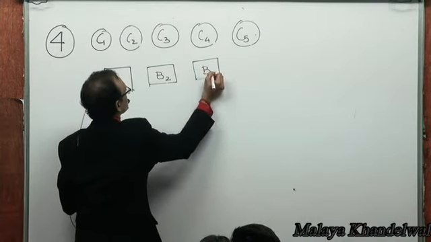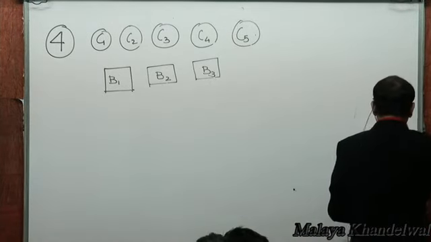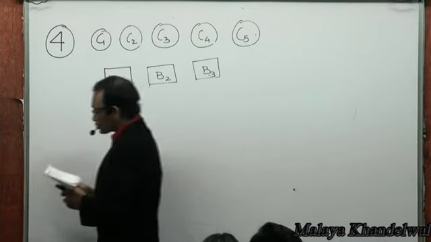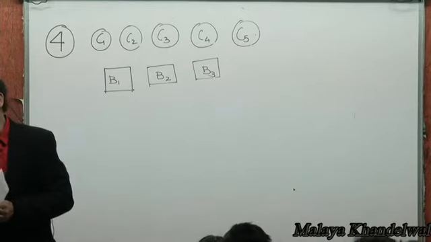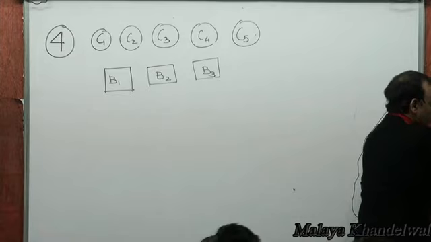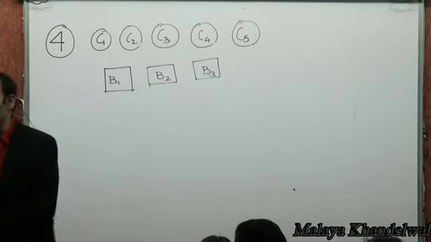These are three different boxes, B1, B2 and B3. I want to find the number of ways in which the balls could be placed in the boxes so that no box remains empty.